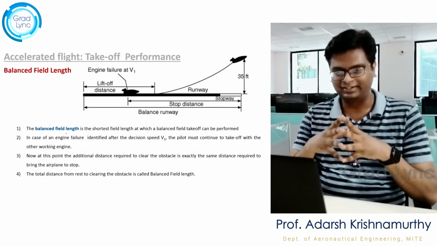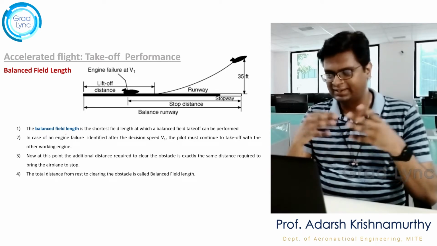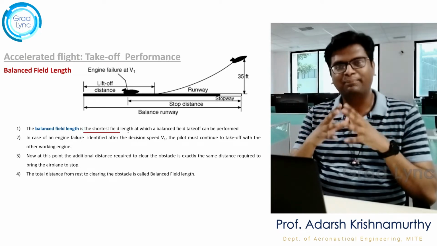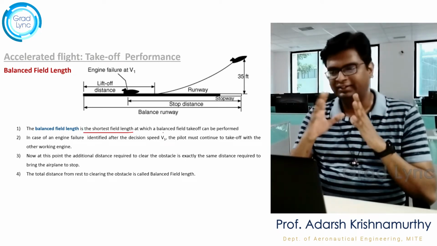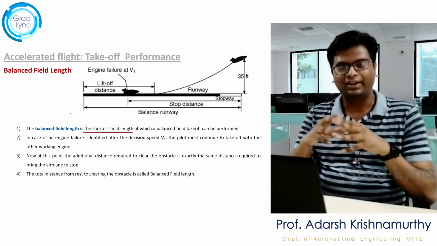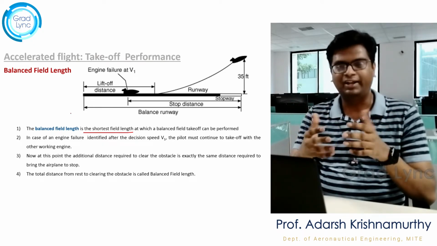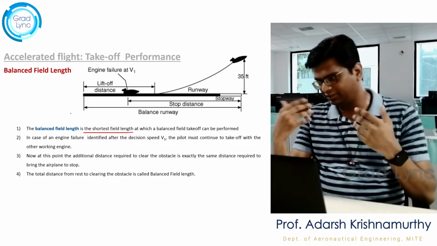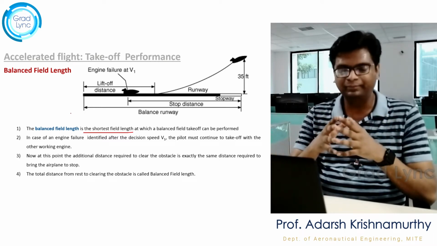Right? So what is balanced field length? It is the shortest field length at which a balanced field takeoff can be performed. So what do you mean by balanced field takeoff? Let's say the aircraft approaches V1 and it keeps on accelerating.